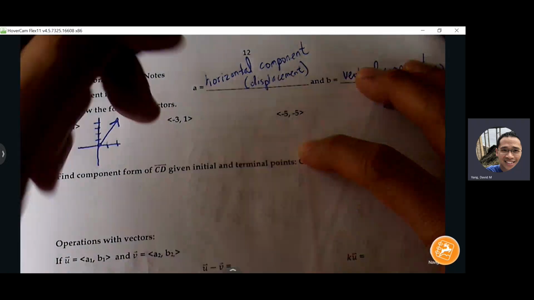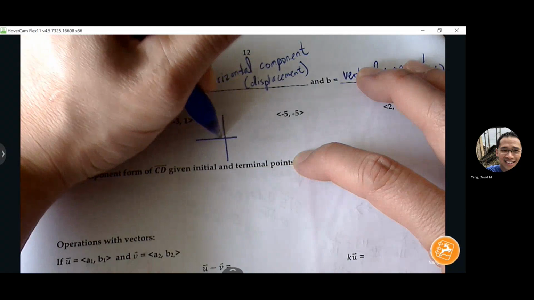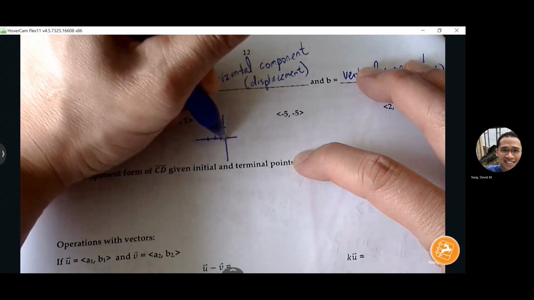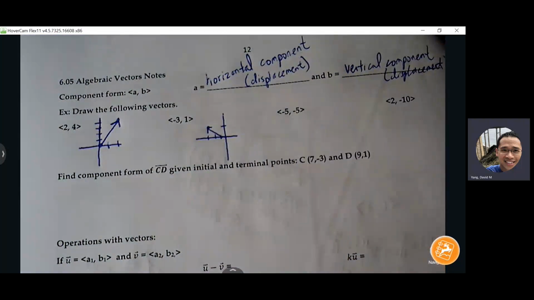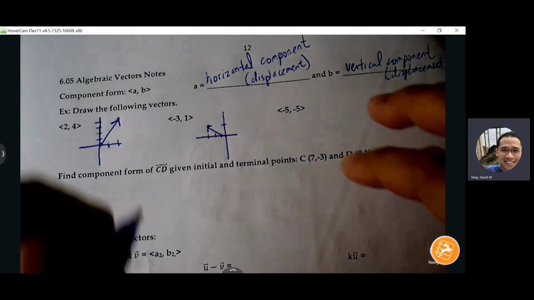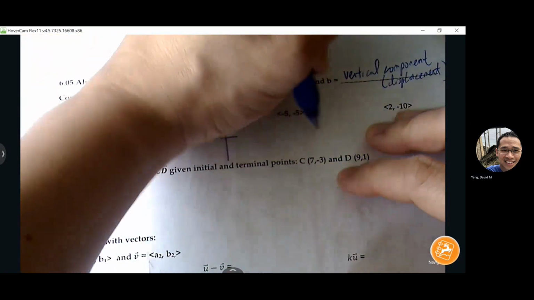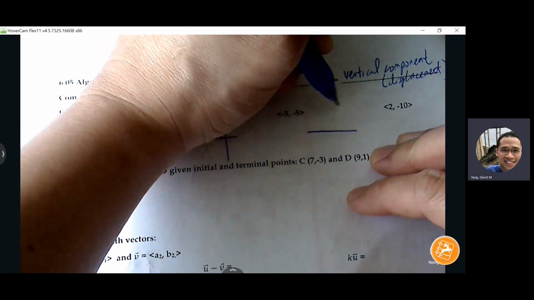Left 3, up 1. And you're always drawing an arrow towards the direction of your second point, right?